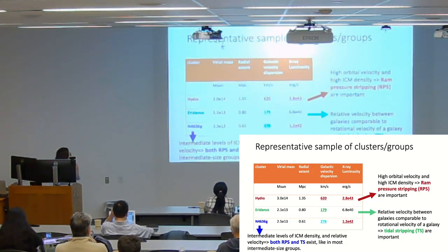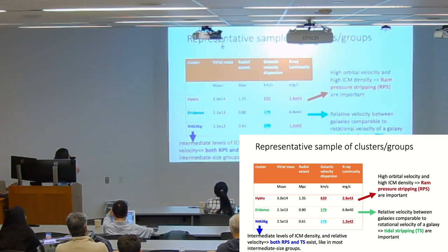Okay, so with the data, we're able to select representative samples for our study. We selected Hydra, a massive cluster where the ram pressure stripping is expected to be a dominating mechanism. We selected Arizona's, which is the merging supergroup, a merging of three group systems where the tidal stripping is expected to be prominent.